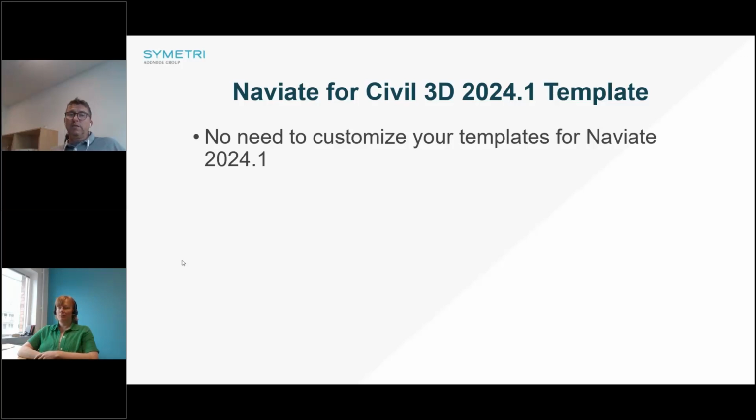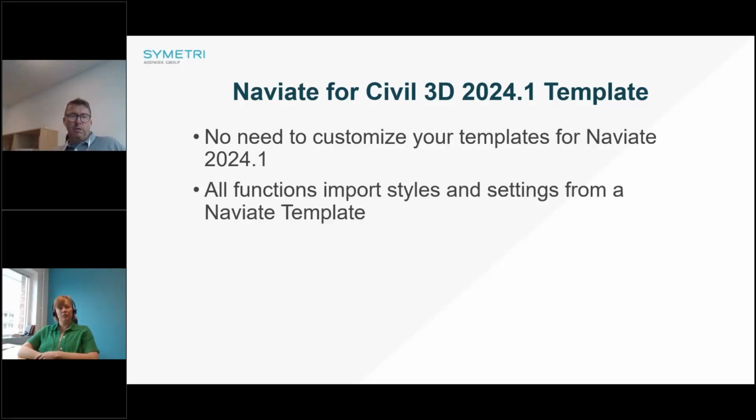Or you would need to click import styles and settings from Naviate, which would import all styles and download your template. Now we have changed, so all functions that use a style or a setting, those are imported from a Naviate template.